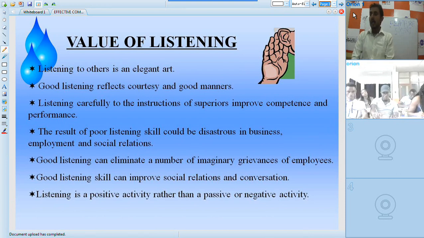Anything which you are going to listen from others, suppose what I'm teaching in the class, the outcome depends on the proper listening from your side. If you give proper attention to the class and my lectures, then it is very good for you to improve your performance and knowledge regarding the topic.